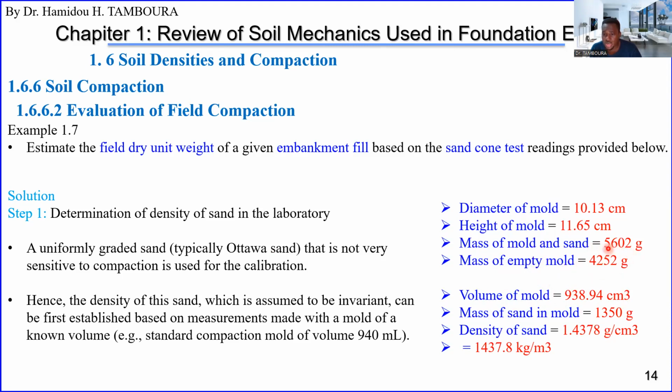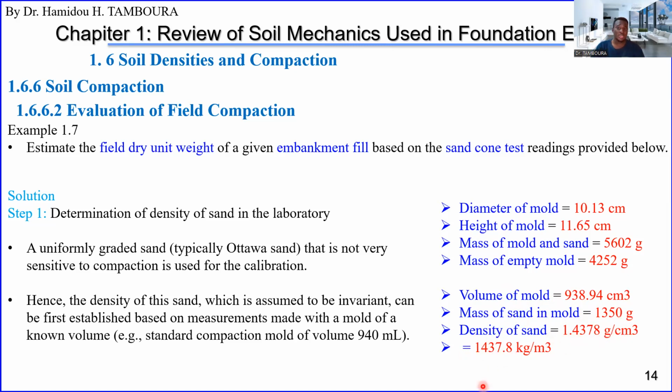The mass you will obtain: 5,602 minus 4,252, you will obtain 1,350 grams. This is the mass of the sand. So this mass divided by this volume, you will obtain this density.